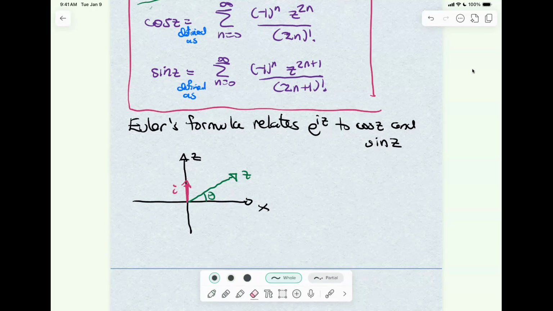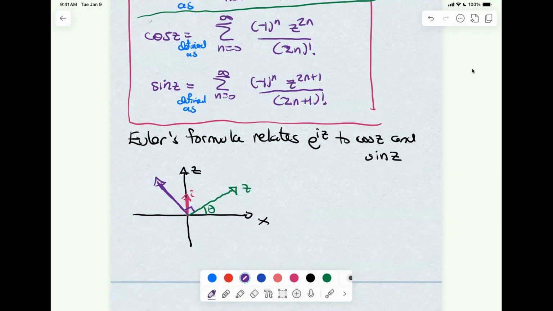So what that means is that i times z, let me draw it here. Actually, let me put i here. So what I mean is that i times z has an extra 90-degree angle, so that it adds up to theta plus pi over 2.